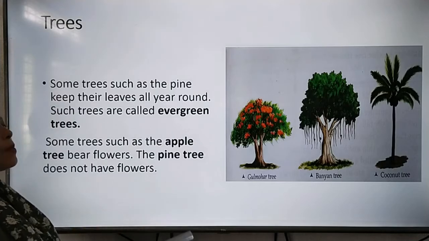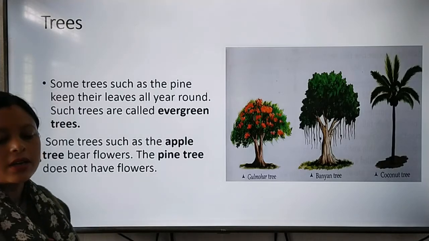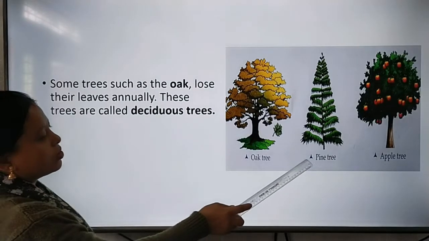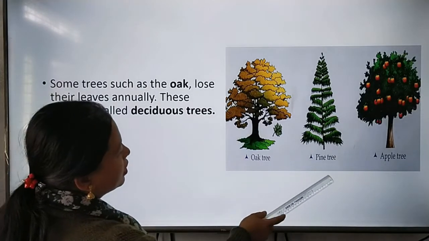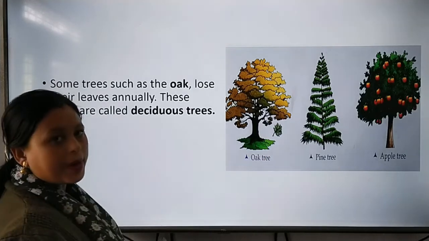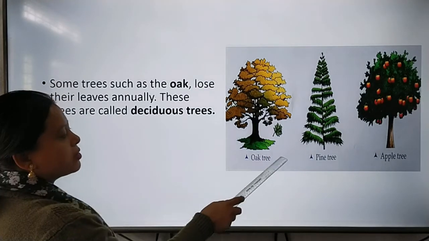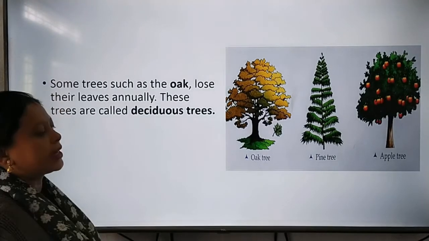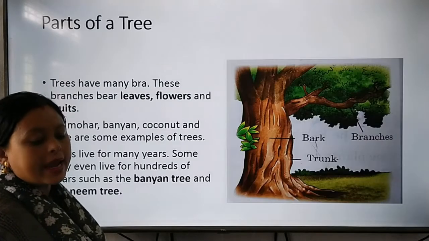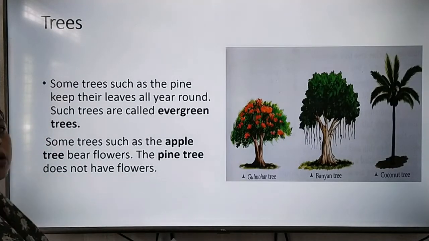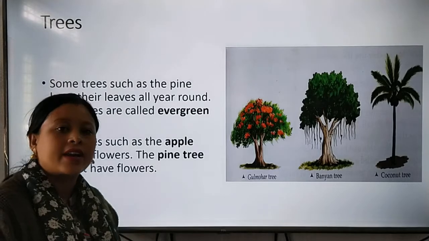That type of tree is called an evergreen tree. You can see the example of the pine tree. The pine tree doesn't lose its leaves. Evergreen trees means always remain green.